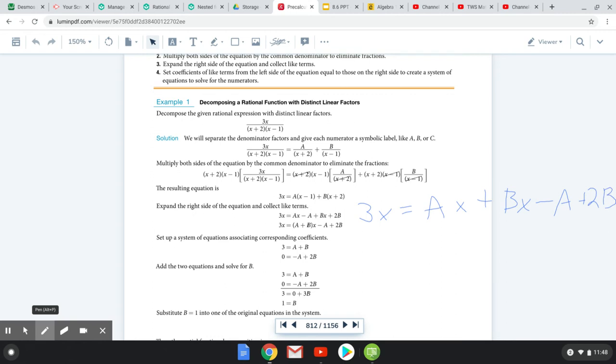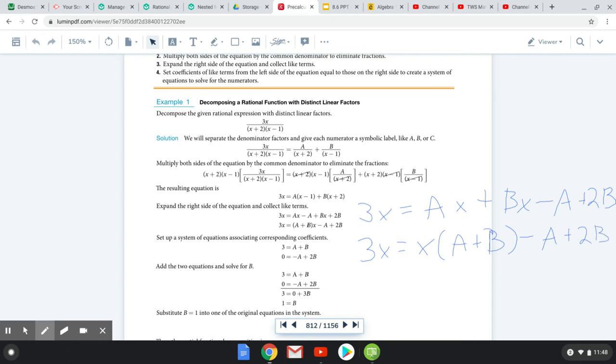Okay? And then we're going to factor out the x. That's why we wanted to put them together, so that we could factor out that x. So we have x times (A plus B), and then minus (A plus 2B).